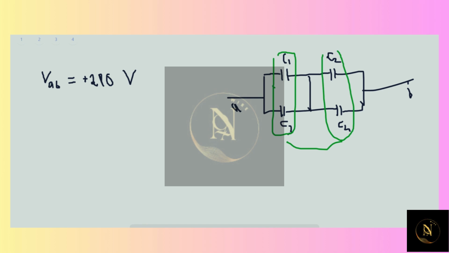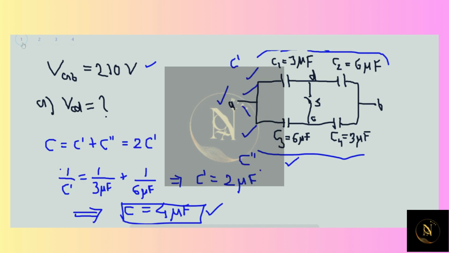And C1 and C3 are 3 microfarad and 6 microfarad, and again we have a combination of 3 and 6 microfarad.